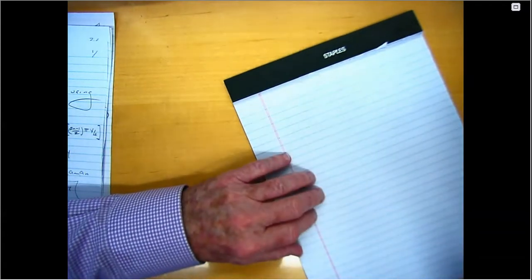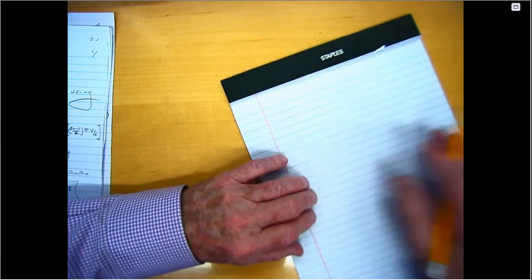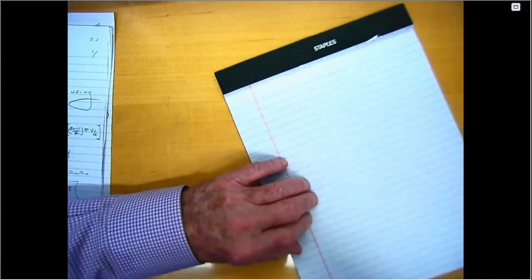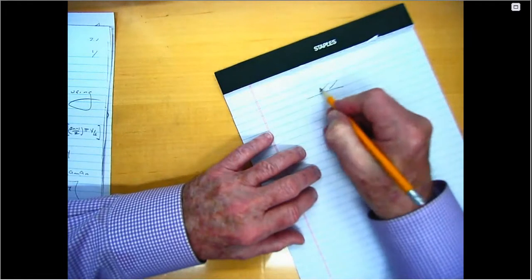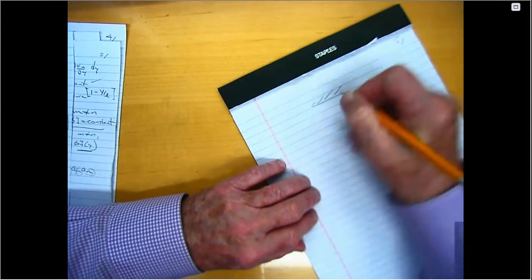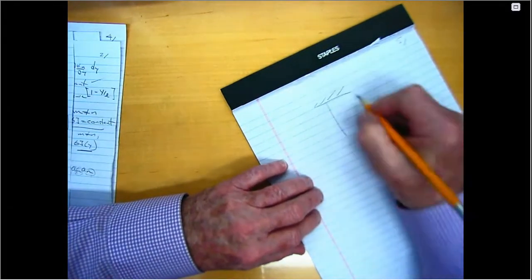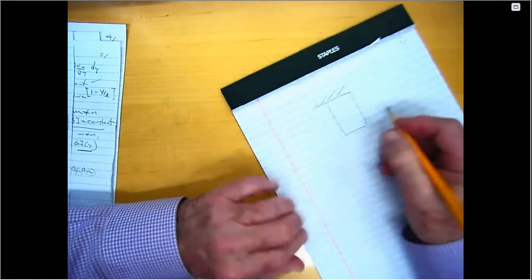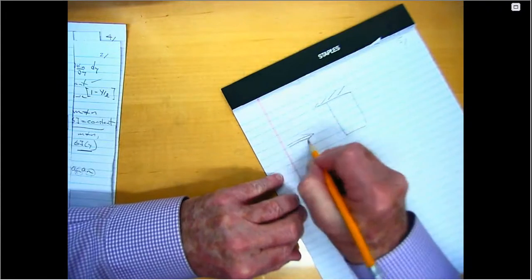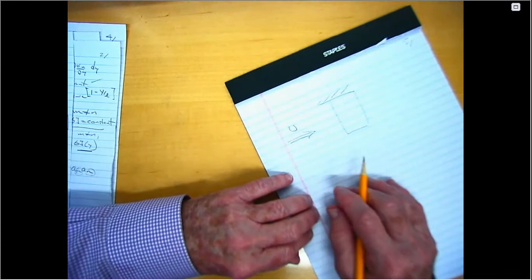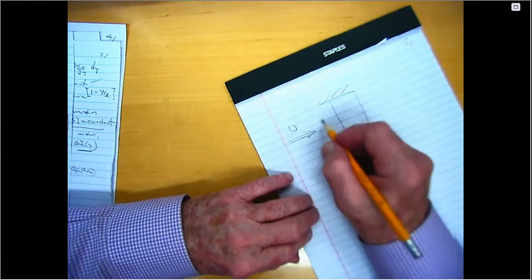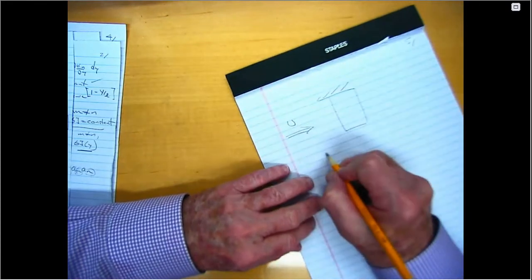But let's start with an aerospace example. We could do the typical section, the wing. So let's see, we're on page 5. And we're going to do the wing. And we have a mean flow, U, which acts in the X direction.